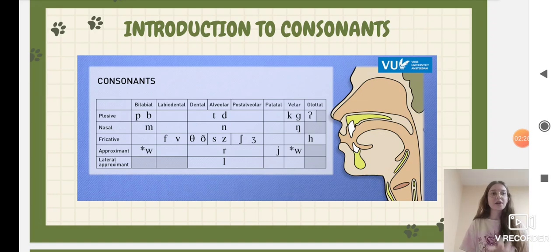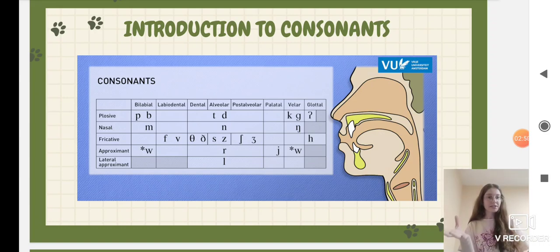We have three parameters in the articulation of consonants. First is voicing, second is manner of articulation, and third is place of articulation. In the consonant grid, whenever you find two consonants in one cell, the left one is voiceless and the right one is voiced.